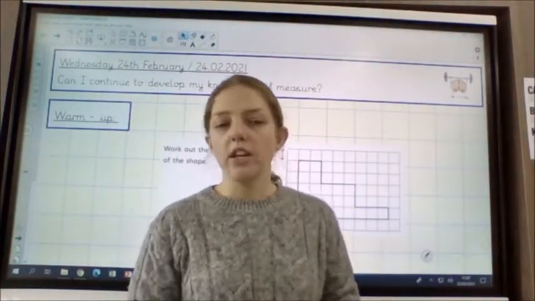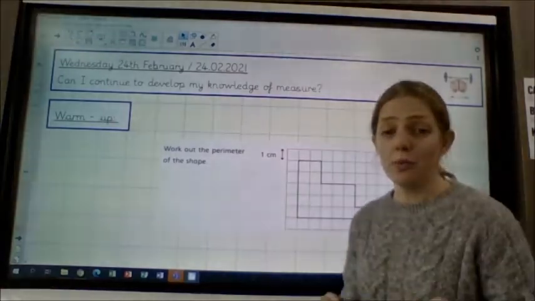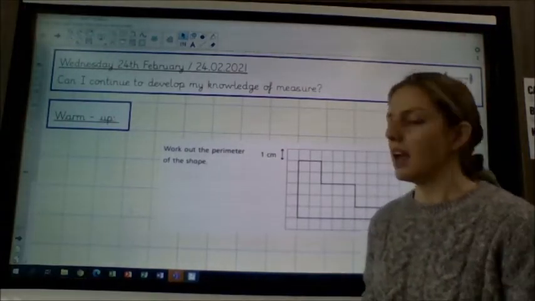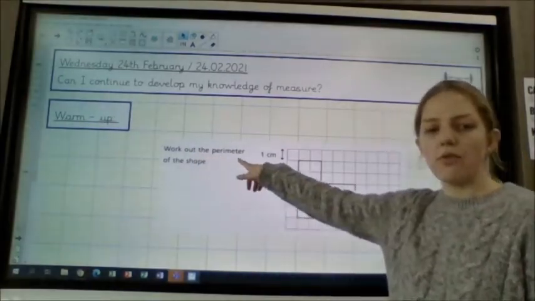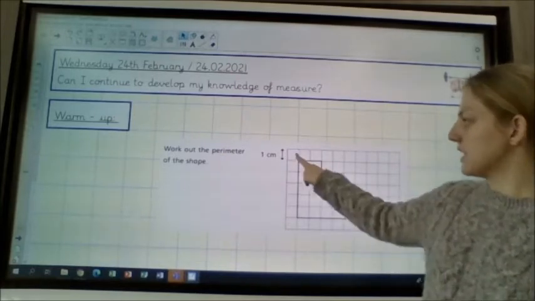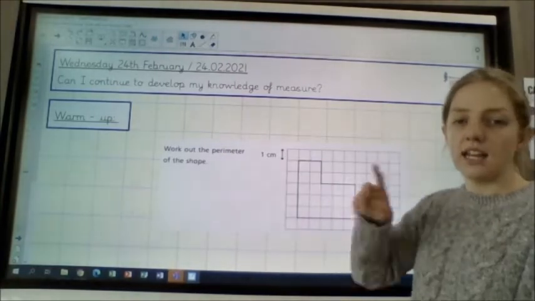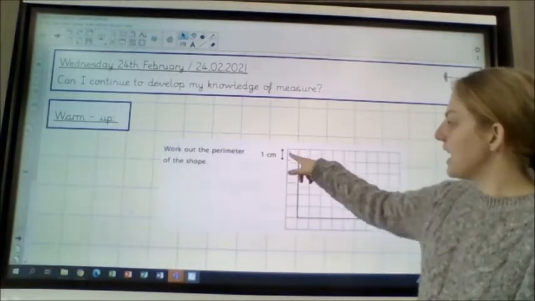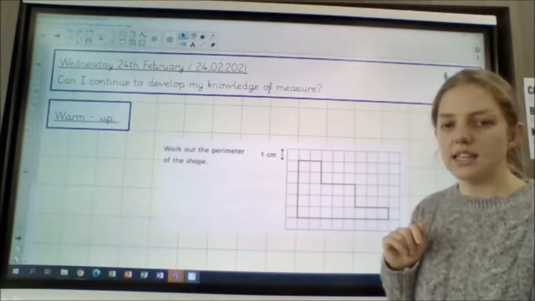Very quickly, for your warm up to get yourselves ready, I want you to work out the perimeter of the shape. It's giving you the hint there that each side of the square is the same as 1 centimetre.